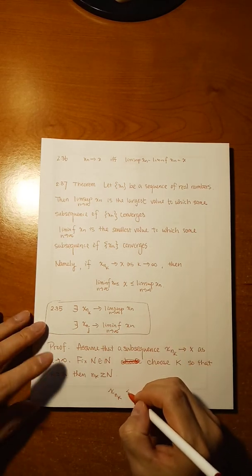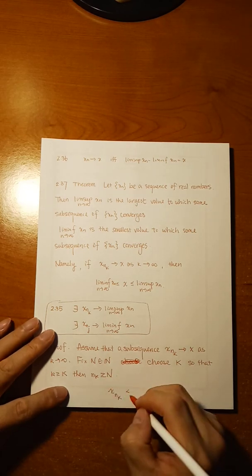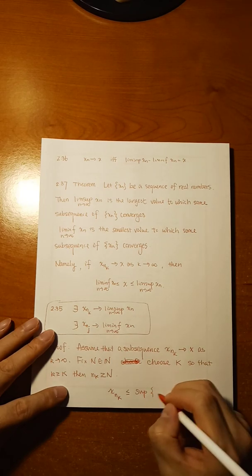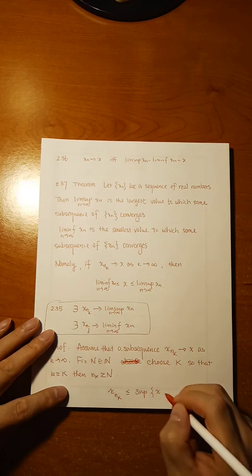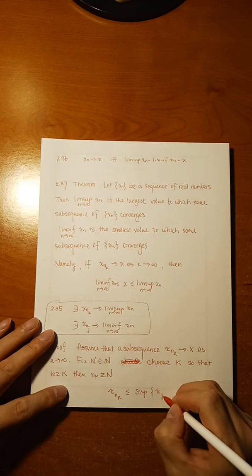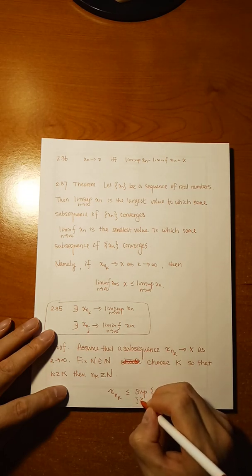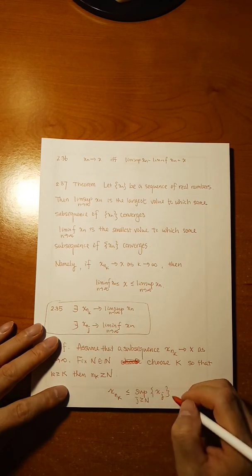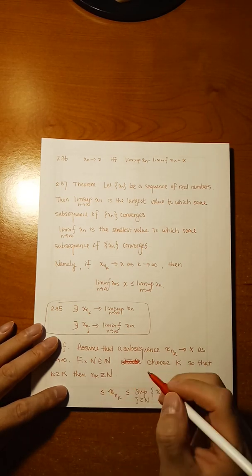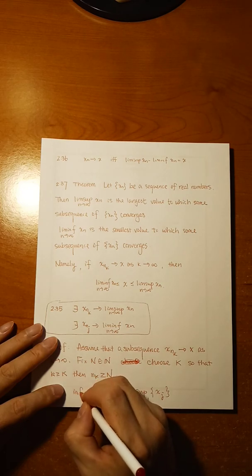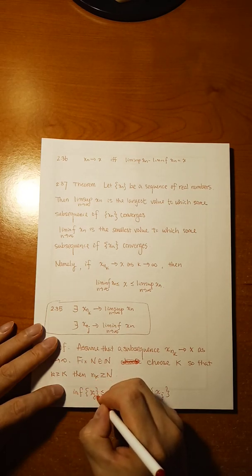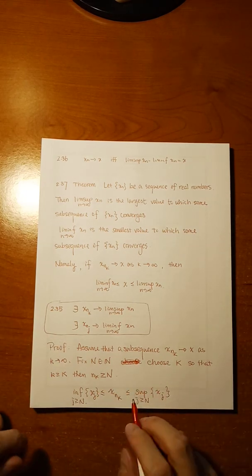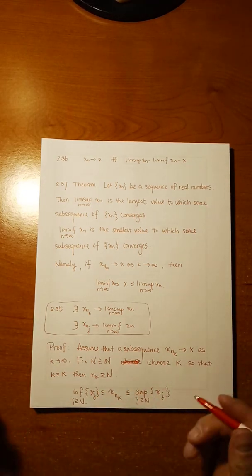And remember that nk is greater than N. So of course it's less than the supremum of xj, j greater than or equal to N, and of course it's greater than or equal to the infimum of xj, j greater than or equal to N. Right, you choose supremum, you choose infimum, definitely it's correct.